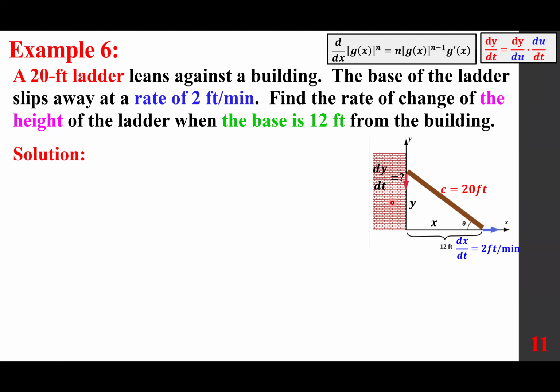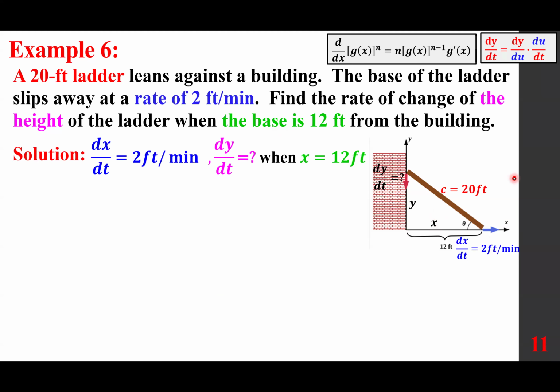So we write: given dx/dt equals 2 feet per minute, find dy/dt when the base, what is the base? x. This is what I mean by defining your variable, is 12 feet. So drawing, defining variables.